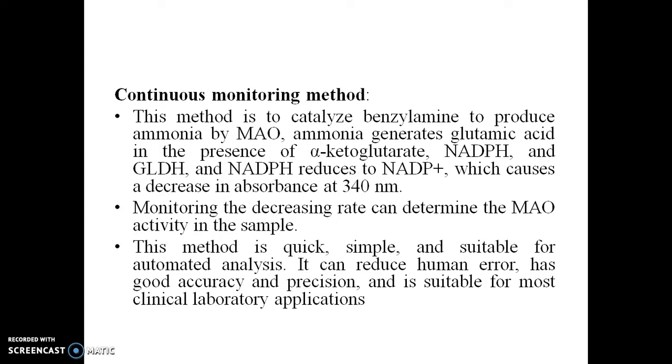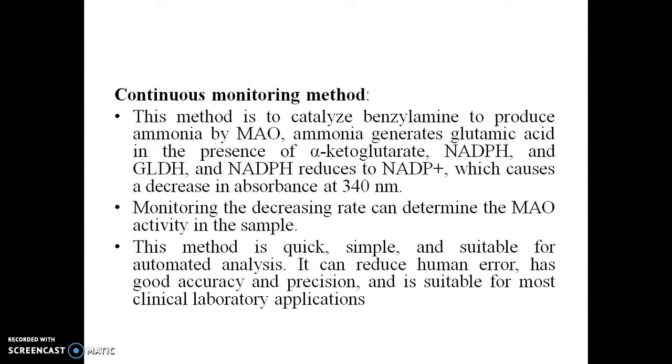In this method, benzylamine is catalyzed to produce ammonia by the monoamine oxidase enzyme. The ammonia generates glutamic acid in the presence of alpha ketoglutarate, NADPH, and GLDH, and NADPH is reduced to NADP+, which causes a decrease in the absorbance at 340 nanometer.